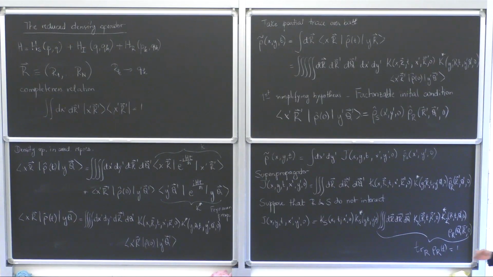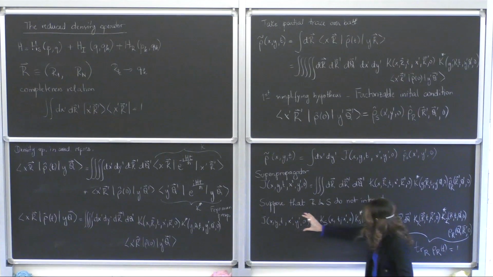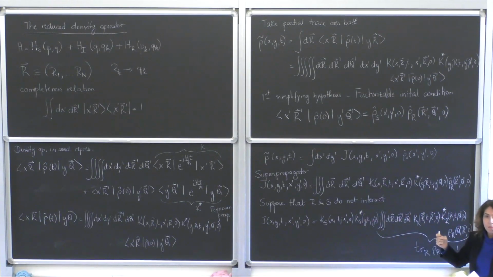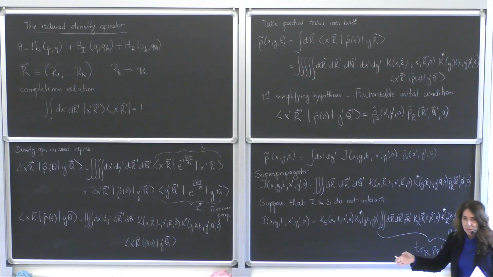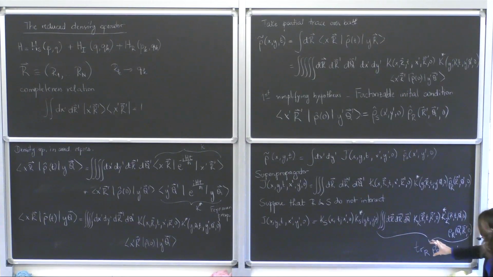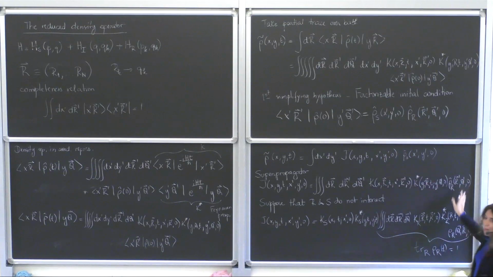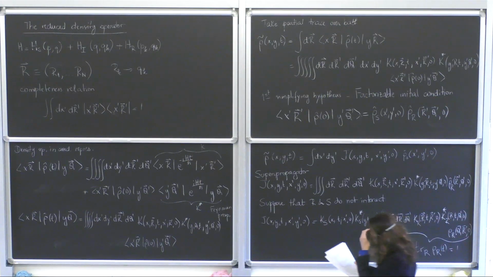So if the system and the reservoir were not interacting, this would be simply the product of a propagator for the particle times the backward propagator for the particle. That's why it is a super propagator. This is just to visualize that this is a propagator. If the two things were not interacting, it would be just a product of propagators, but because they are interacting, this is going to be mediated by the interaction with the bath. Are you fine? Very good.